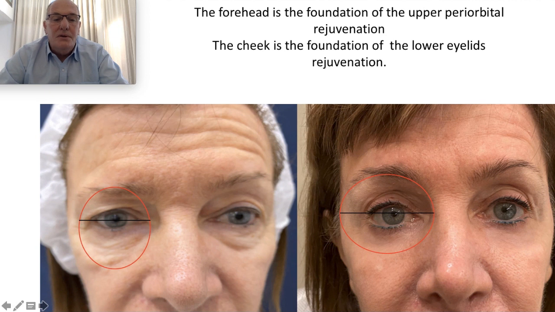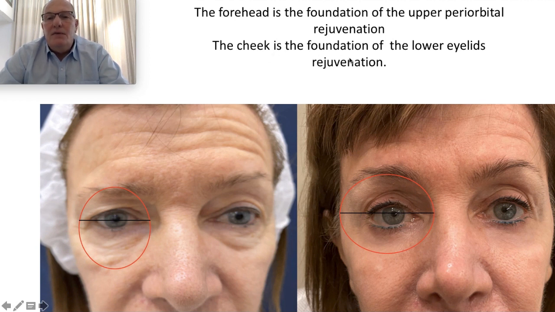Here you can see the forehead is the foundation of the upper periorbital rejuvenation. This means that if I do not reposition the tail of the eyebrow, I'm not going to get a nice upper periorbital rejuvenation.